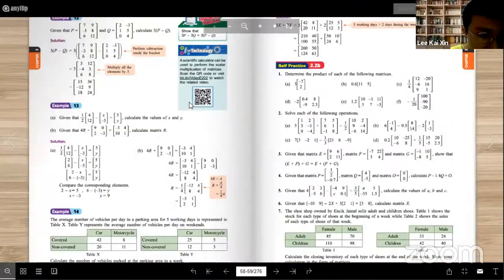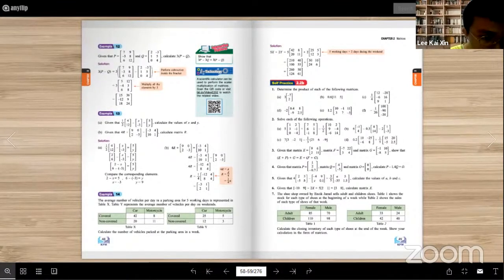Hold on. What happened? It jammed directly. I can't move at all. Hold on, I cannot move the page at all. Hopefully you can zoom inside. Actually, you can enlarge it using your phone.